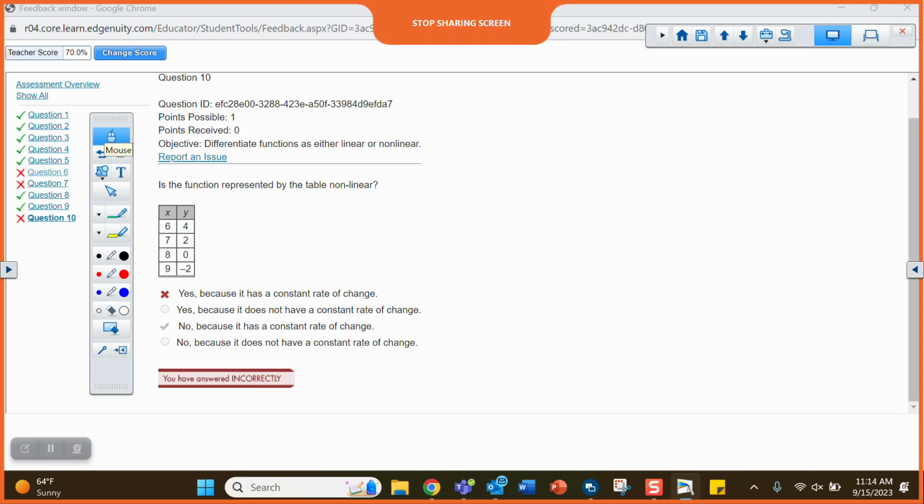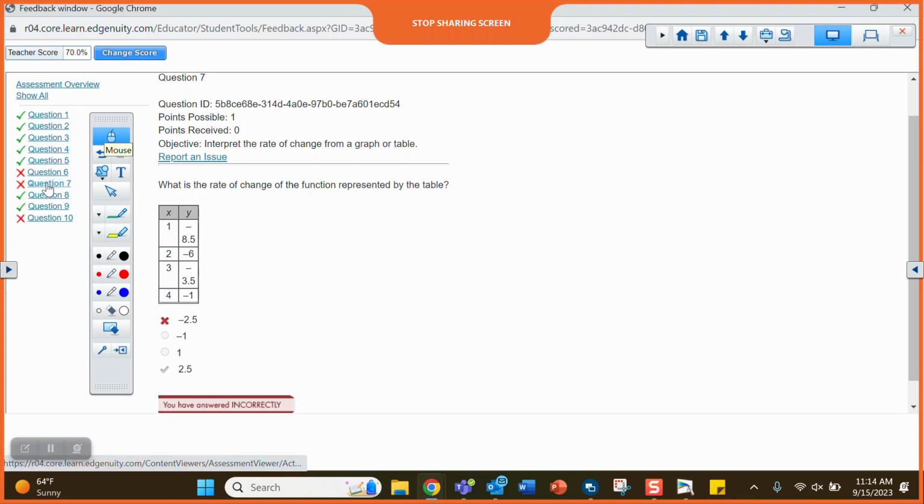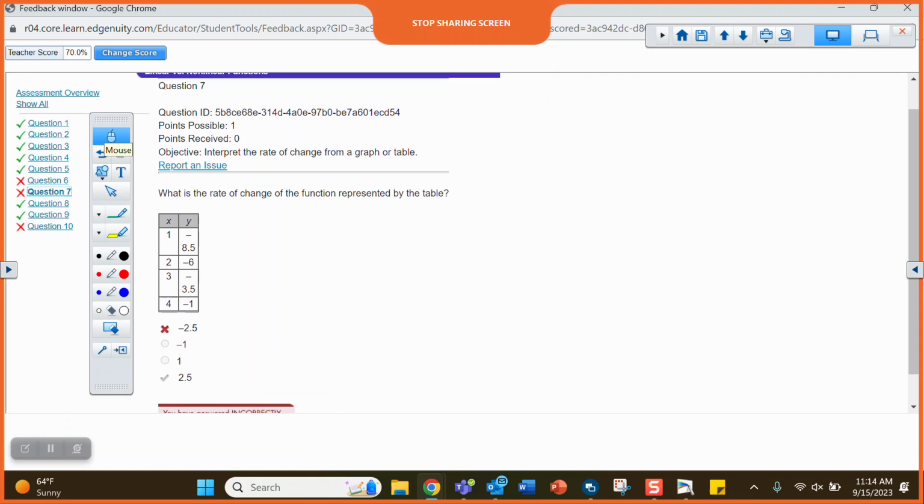If I go back to that other question here where it's asking you to calculate the rate of change, again, this is really something maybe, I can't remember if they've actually introduced that slope formula to you yet or not, but you can just check right here, right? We're going up 1, up 1, up 1, and what's happening here from -8.5 to -6, that's a positive 2.5. -6 to -3.5, we're going up 2.5.